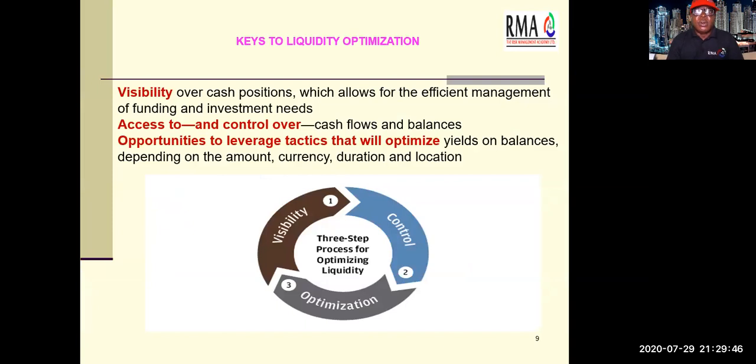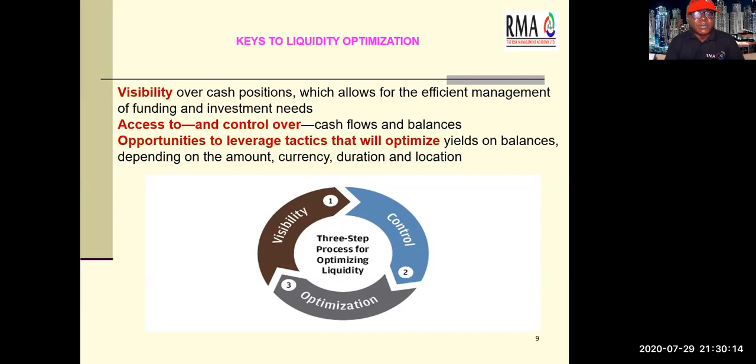Now, so what are the keys to liquidity optimization? As you can see from this picture, it's a three-step process involving visibility, control, and optimization. In terms of visibility, it deals with the issue of cash positions, which allows for the efficient management of funding and investment needs.